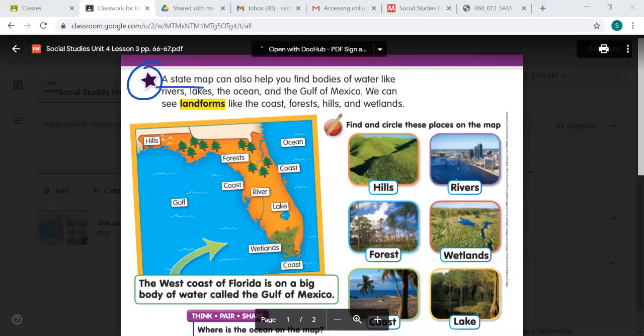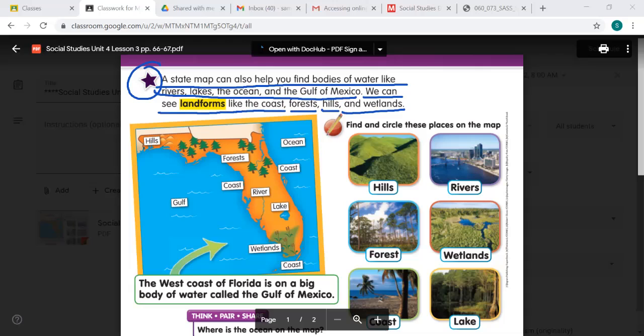A state map can also help you find bodies of water like rivers, lakes, the ocean, and the Gulf of Mexico. We can see landforms like the coasts, forests, hills, and wetlands.